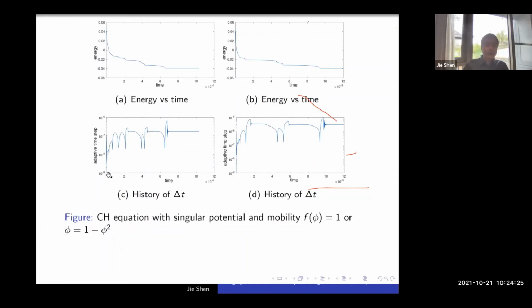And here is the adaptive time step. You see, at the beginning, you need very, very small time steps. And each time the energy drops very fast, you require the time step to be very small. But at other times, you can choose a much larger time step, 2 or 3 orders of magnitude larger than the smallest time step. So by using adaptive time stepping, this can be very efficient.